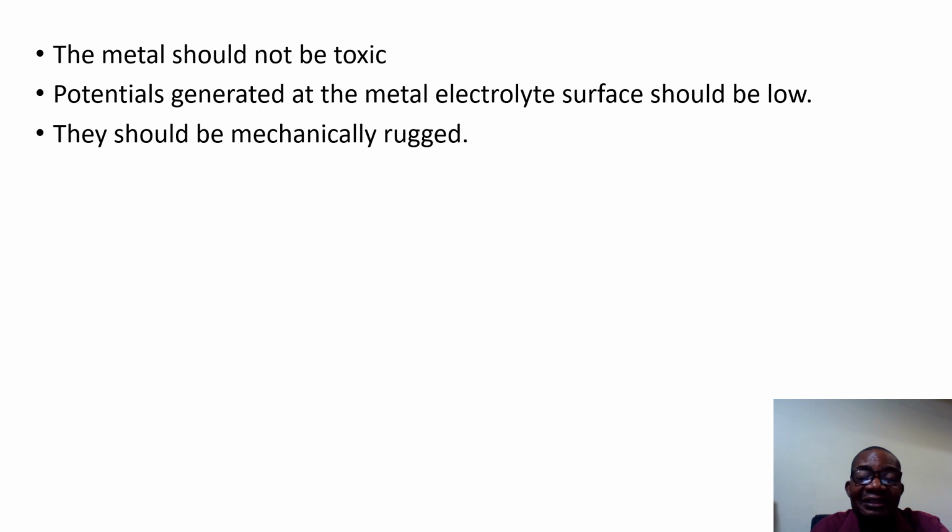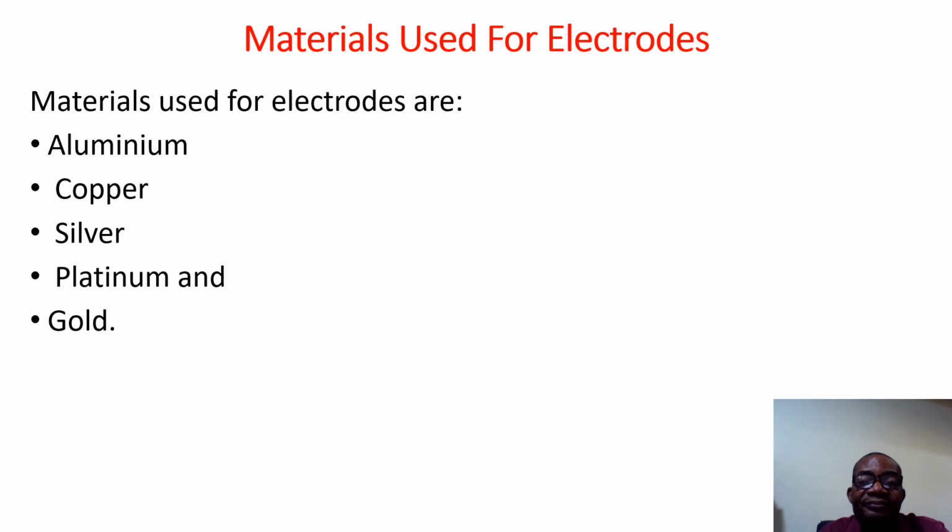So the electrodes that should be considered for use as bioelectrodes should be mechanically rugged and not easily broken. Metals that are often used as bioelectrodes include aluminium, copper, silver, platinum, and gold. These are the most common ones.